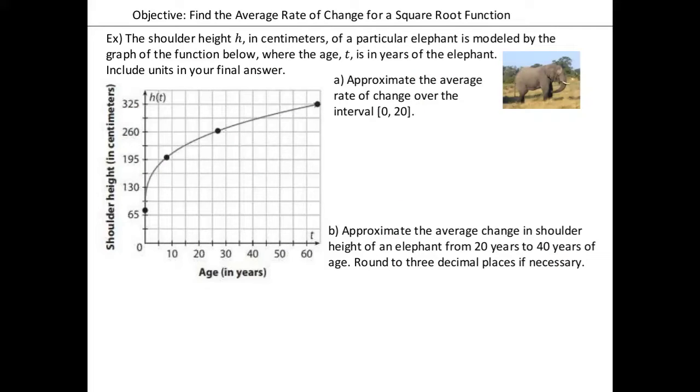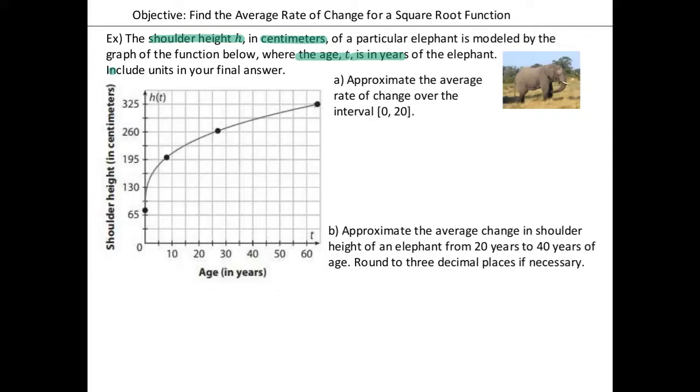All right, so if we look at our first example here, we have a picture of an elephant, and it says the shoulder height h in centimeters of a particular elephant is modeled by the graph of the function below, where the age t is in years of the elephant.